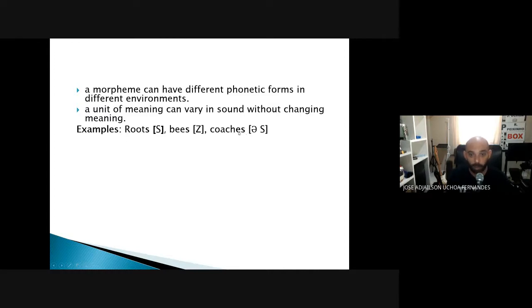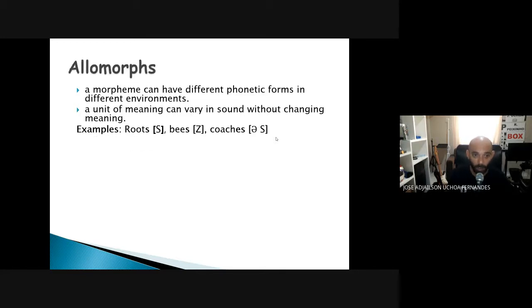So we have orthographic differences. Although we have two different spellings, final S and final ES, and three different phonetic realizations, we have only one morpheme. What morpheme is it? The plural morpheme.